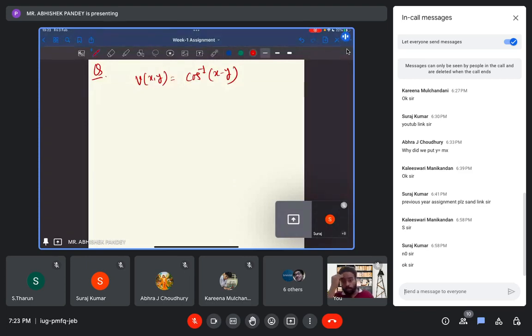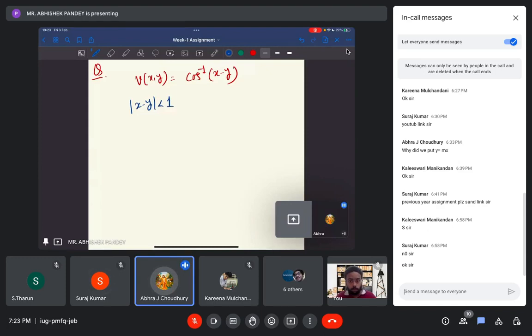So modulus of x should be less than 1. So for this, modulus of x minus y should be less than 1, isn't it? So should it be less than or equal to 1?